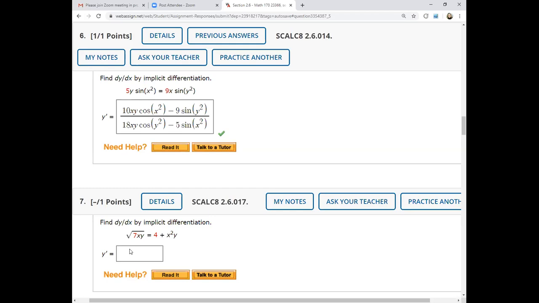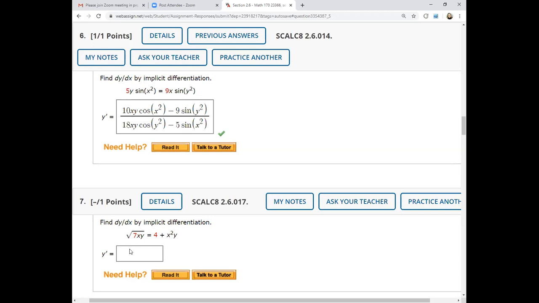So I'm actually going to go back and multiply by 2 sooner and see if that cleans up the problem, because when I use the chain rule, I get 1/2 of (7xy) to the negative half times 7y plus 7x dy dx.